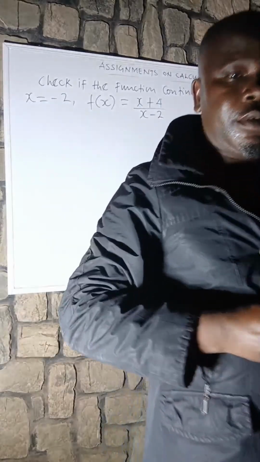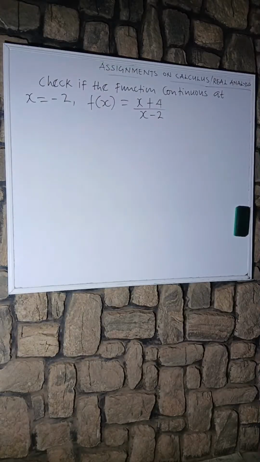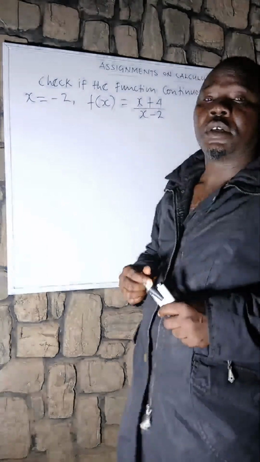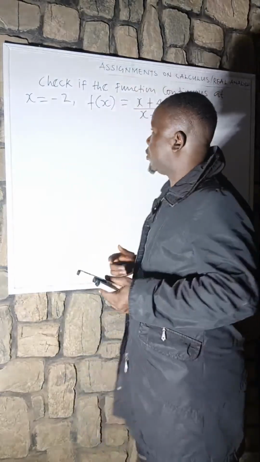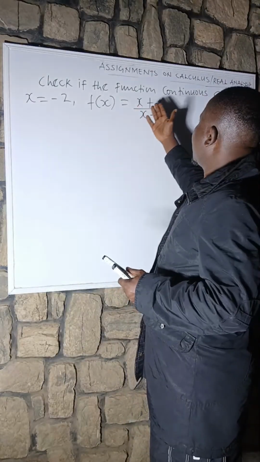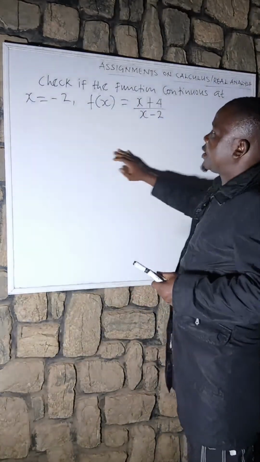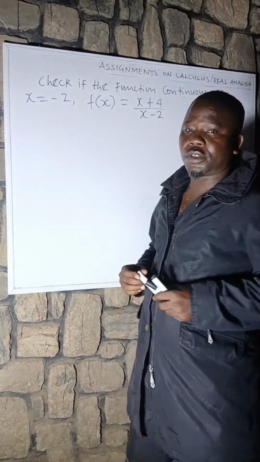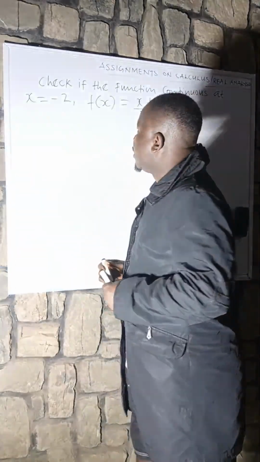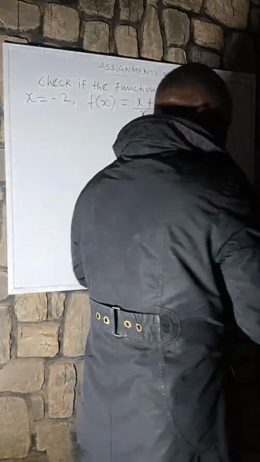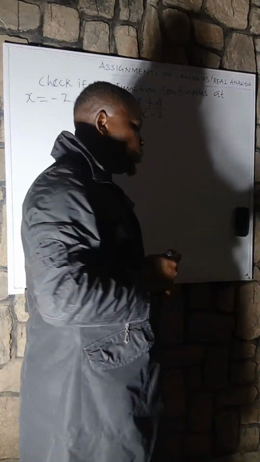Look at the board. It's okay. We said we should check if the function is continuous at x equals 2.